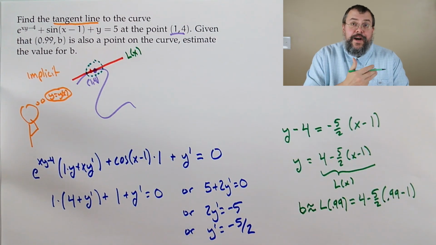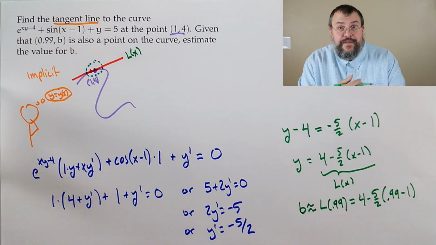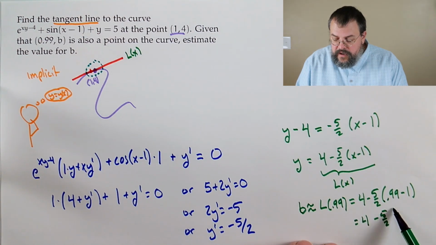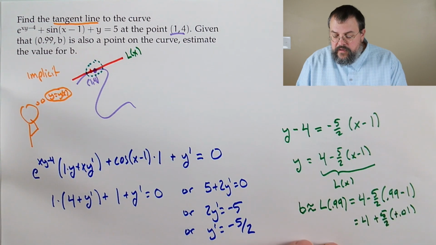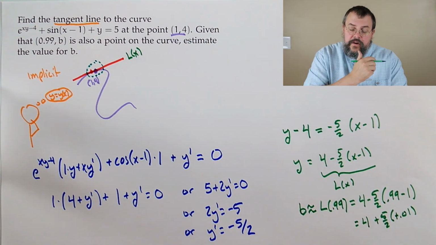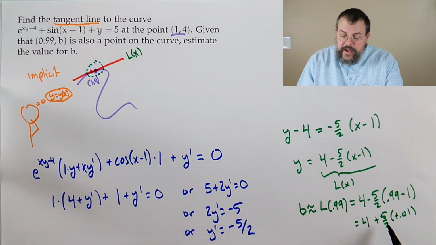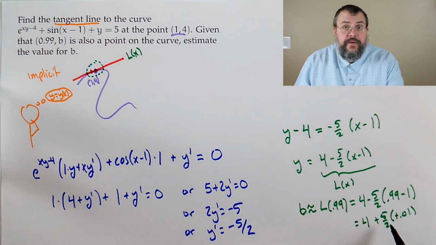Well, 0.99 minus 1 is minus 0.01. So that's 4 minus 5 halves times minus 0.01. Well, minus minus makes a plus. Now, you can actually figure this out, because really what do you have? You have 5 halves, which is 2.5.